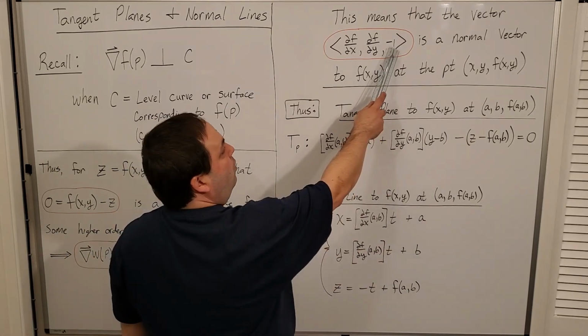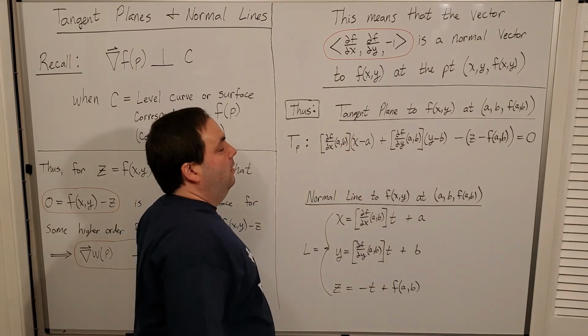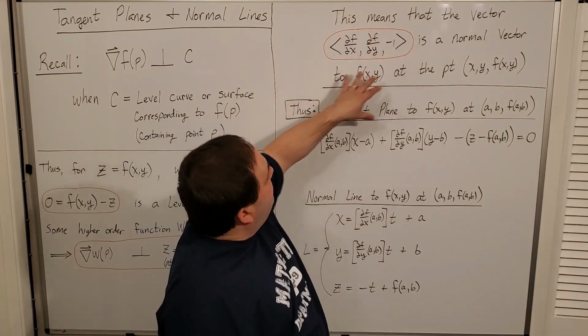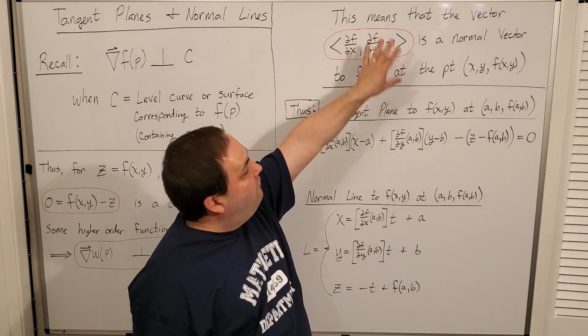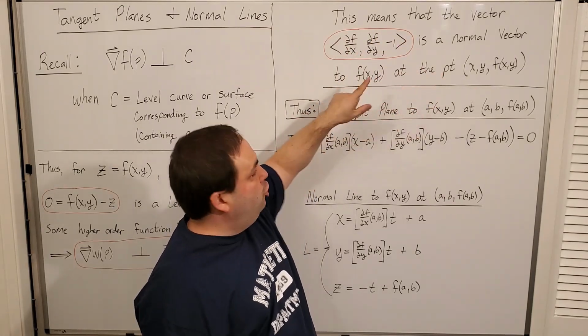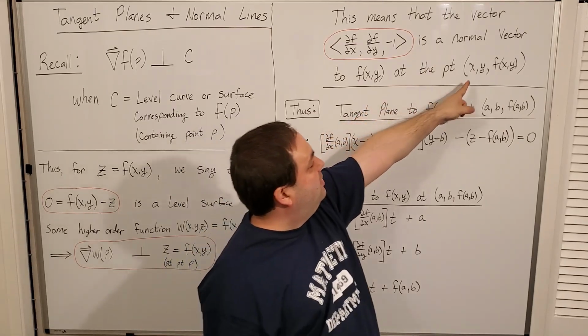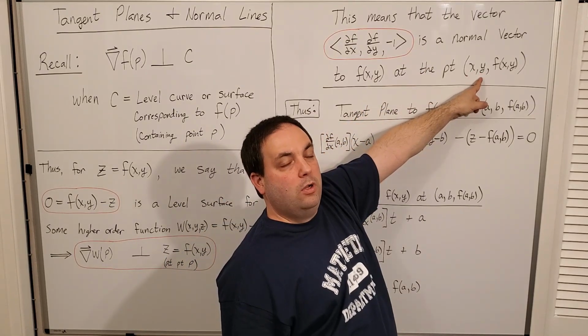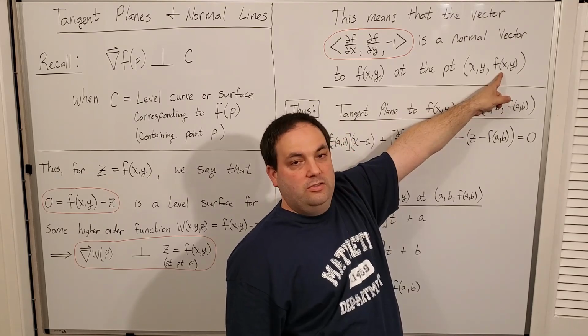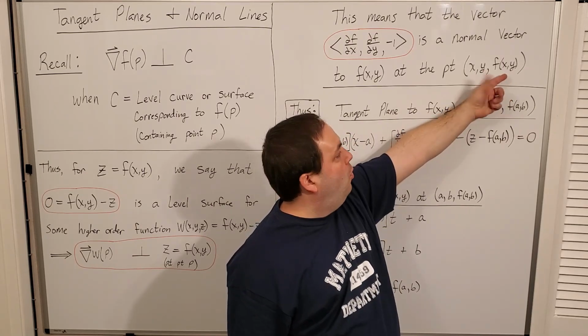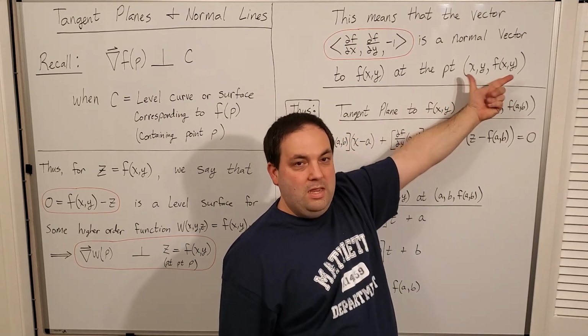So you just get -1. Well, that is the calculation of a normal vector to our surface at the point we're interested in, which is going to be some x and some y that we're going to pick, and then you would plug it into the function and get the z coordinate, so that'll be the point P that we were talking about over here.